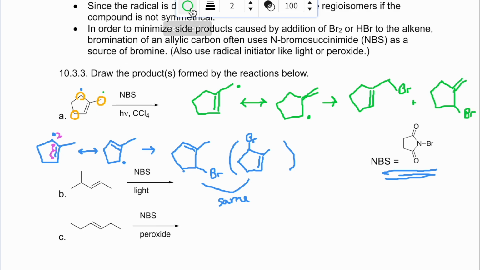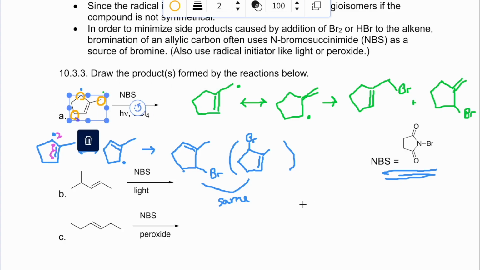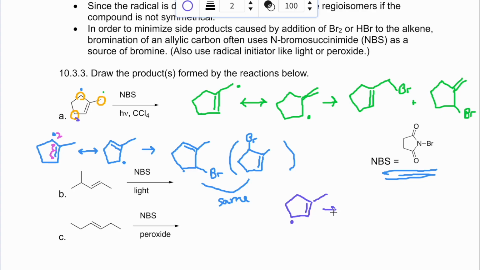Okay, so let's look at our third possibility. So this third possibility over here is this radical, which is delocalized over here to this spot, and that leads to these 2 products here.